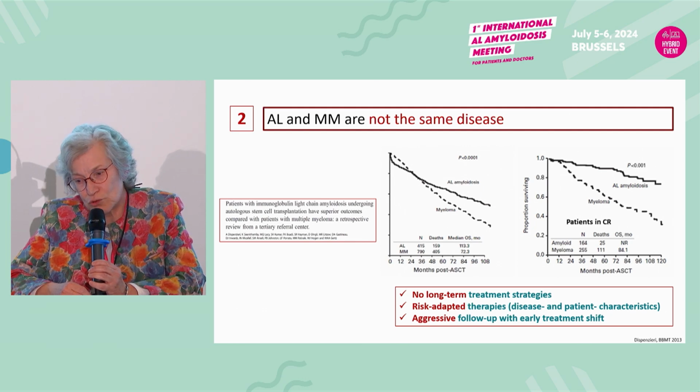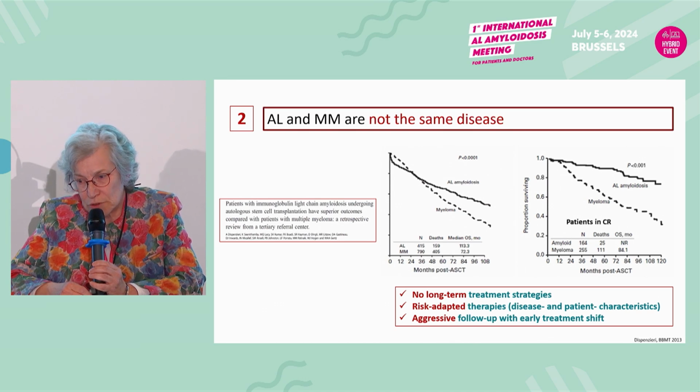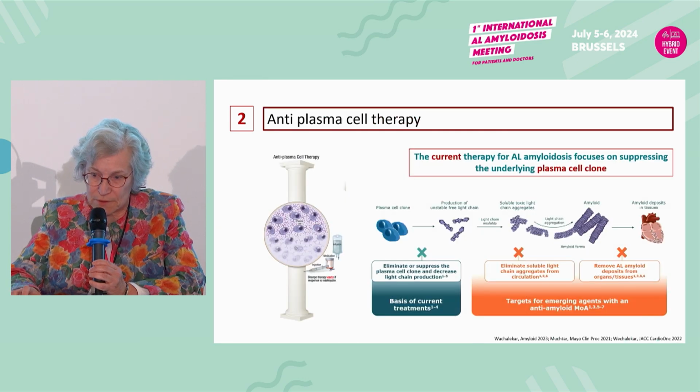But we also explained that it's very important to have the better and rapid response, and thus risk-adapted therapy based on the disease characteristic and patient characteristic will be of first importance. And then it's also important to recognize, it has also been covered this morning, that we should apply an aggressive follow-up in order to change the therapy if the patient doesn't achieve a very good response.